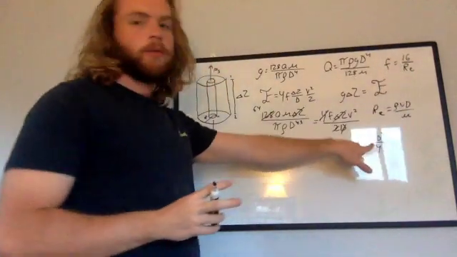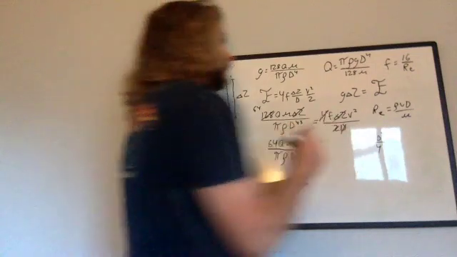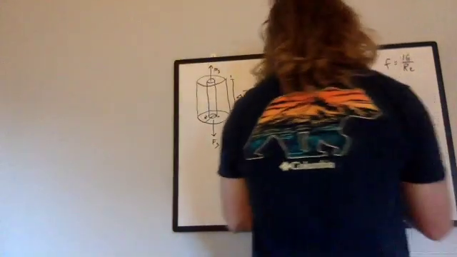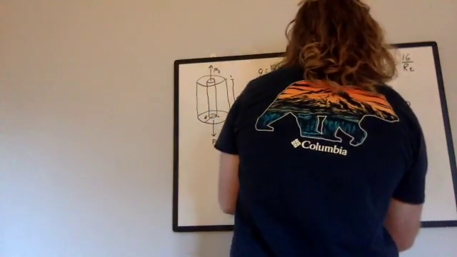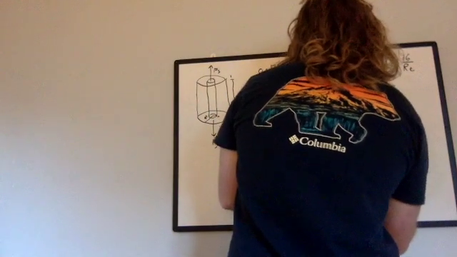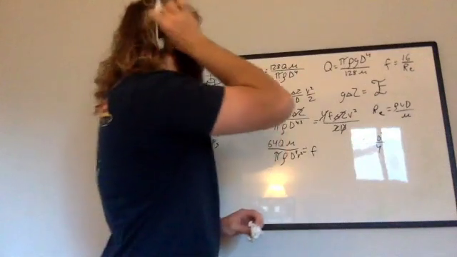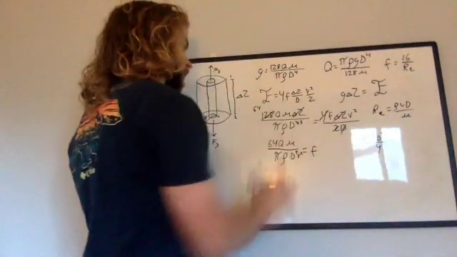And then this would also be multiplied by V. Can't forget about the velocity over here. Then we can go ahead and substitute this down in here for Q.